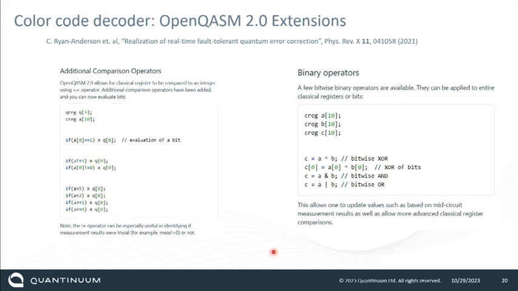They just add to the OpenQASM language and make it a little more expressive. So I can do things like if statements conditioned on a single classical register. I can say if not. I can compare whether this classical register is higher or lower than some integer. Then I also have these binary operations, in particular this bitwise XOR, and that's how I'm able to detect changes in syndromes on the quantum computer.